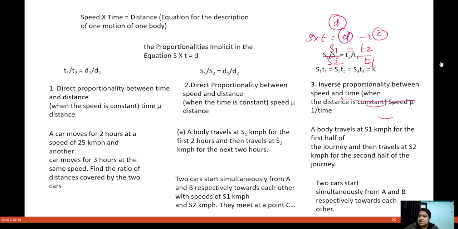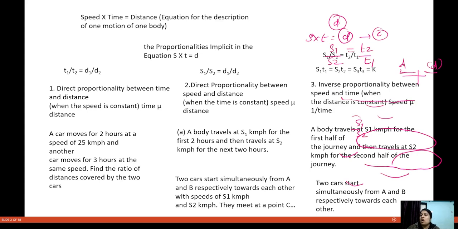Let us look at the conditions where this will be applicable. Here we are saying a body is traveling S1 kilometer for the first half of the journey and then traveling S2 kilometer for the second half of the journey. So here distance is constant because it is the first half and the second half of the journey.